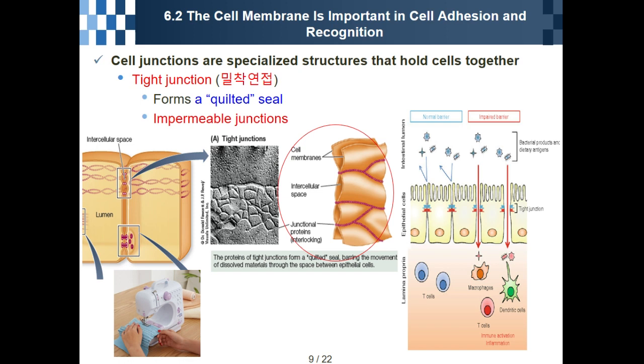For example, when the tight junction is intact like this, bacterial products or other antigens cannot penetrate this junction. However, if the tight junction is impaired, several bacteria and other antigens can penetrate inside like this.